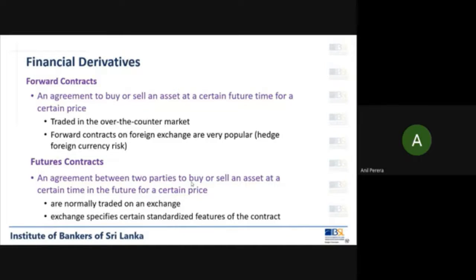So the price you agree today will be a price determined at the exchange. So as I said, they are very similar to forward contracts. The only difference is they are traded in exchanges.